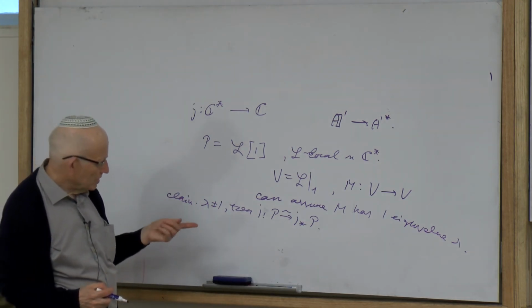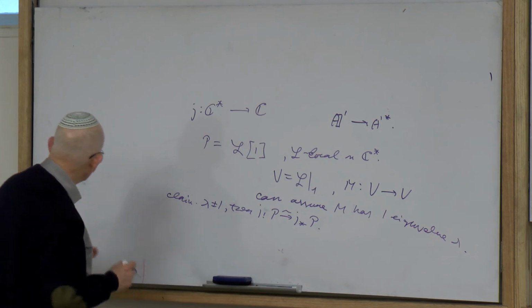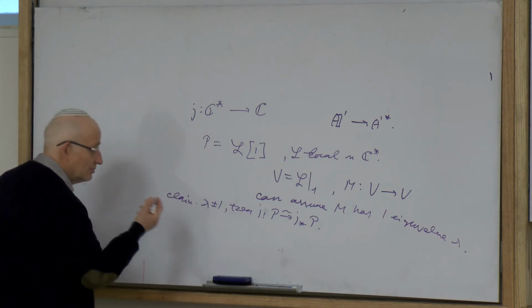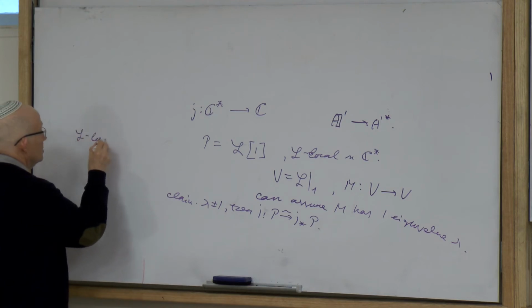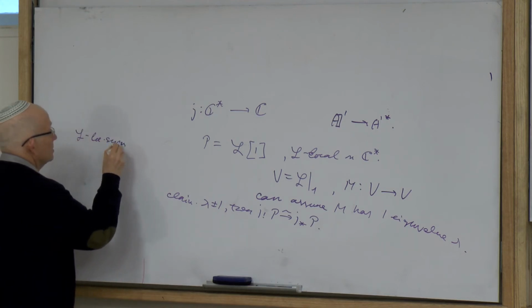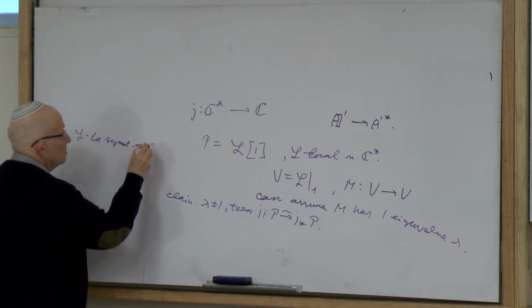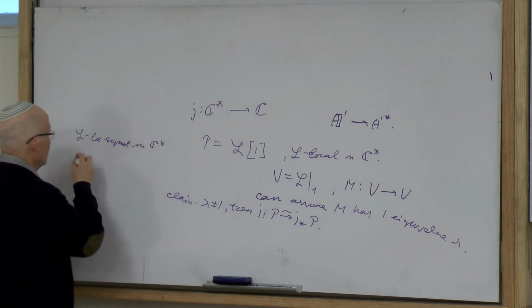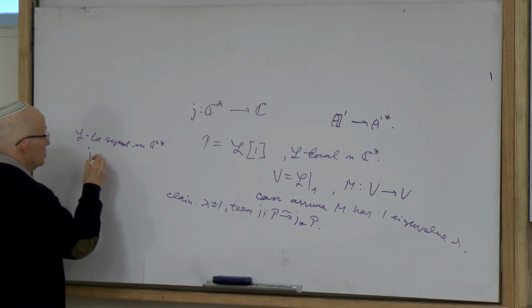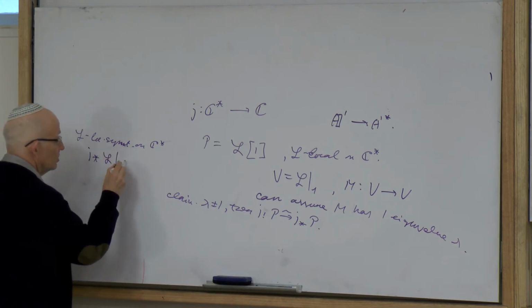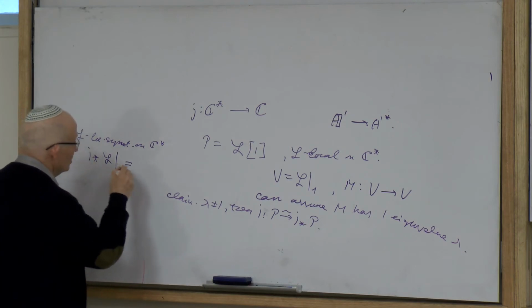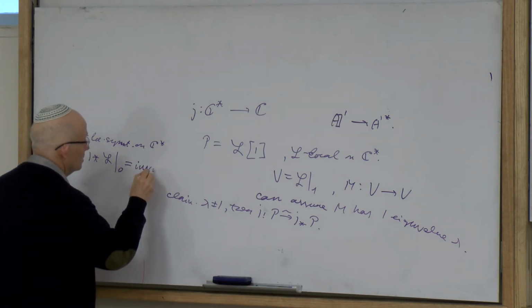The proof is very simple, just the thing we use all the time: if L is a local system on C star, then if you consider its image and consider the fiber at the point 0, this will be equal to the invariants of monodromy.